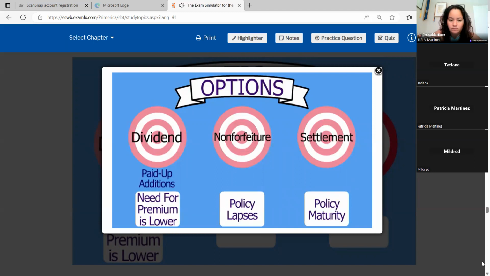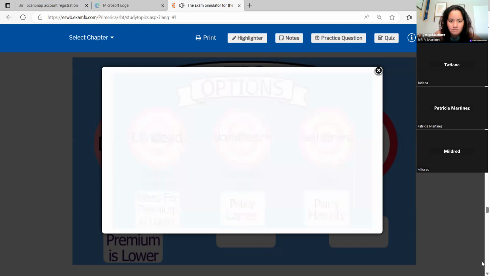In the non-forfeiture options category, extended term would be implemented automatically to purchase paid-up term insurance of the same face amount as the original policy. Finally, when it comes to settlement options, if no selection was made by the policy owner, the insurer will automatically make a lump sum cash payment to the beneficiary.